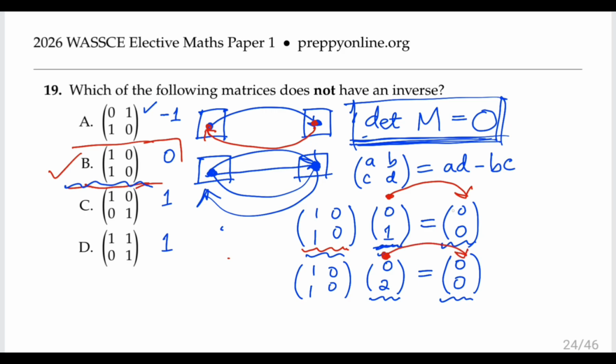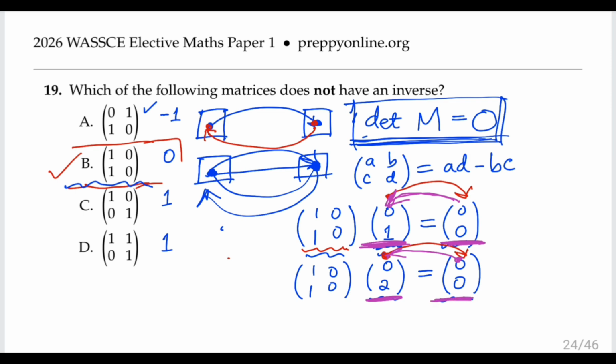But what an inverse does is to move you in the opposite direction. So now after getting 0 0, how do you go back to this? And here too, after getting 0 0, how do you go back to this? The problem is that two different vectors are giving us the same value.